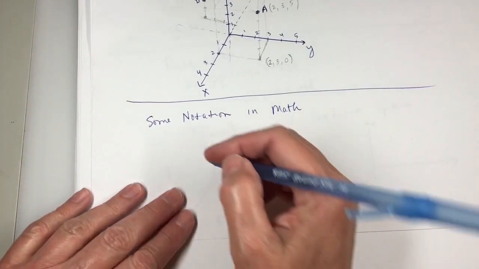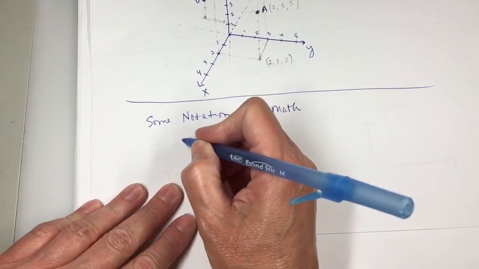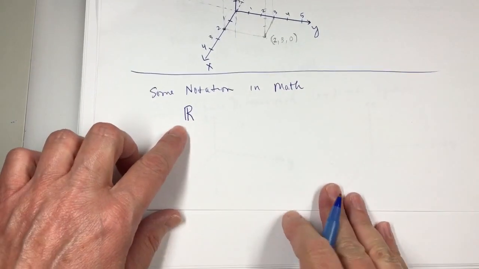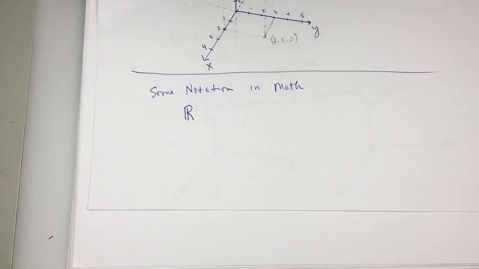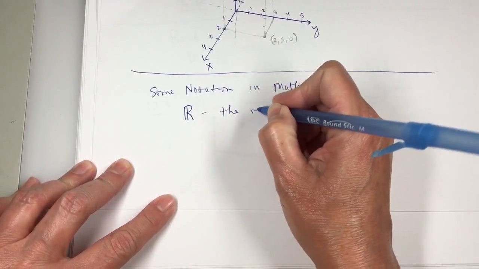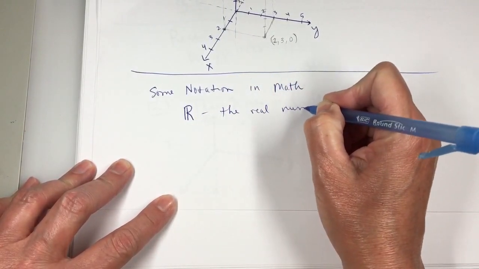So if you see, let's start with just the capital R with a double line, anybody know what this means in math? It's all real numbers. This is a symbol for all real numbers. This is, okay, the real numbers.